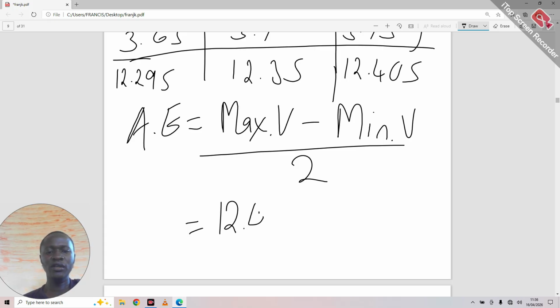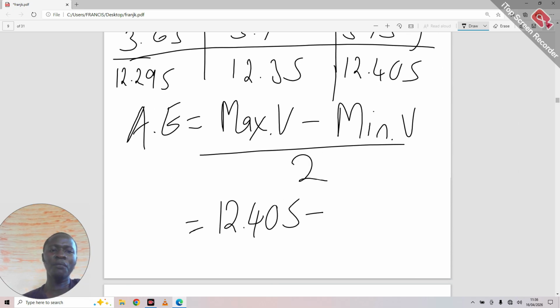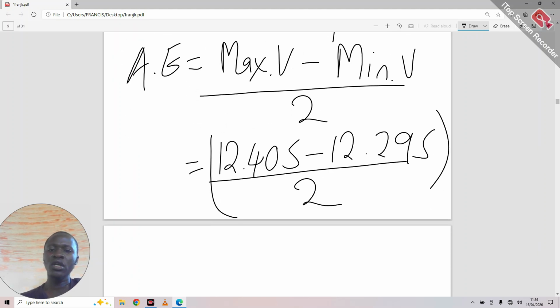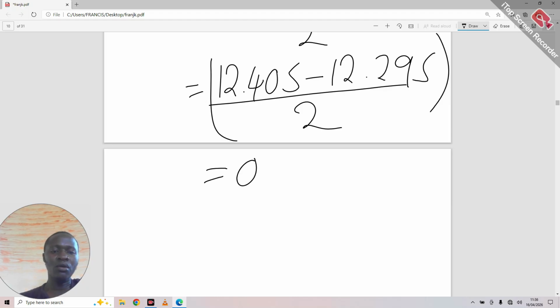So 12.405 minus the minimum 12.295. Then we divide by 2. So have that in your calculator. 12.405 minus 12.295 divided by 2. Our answer will be 0.055.